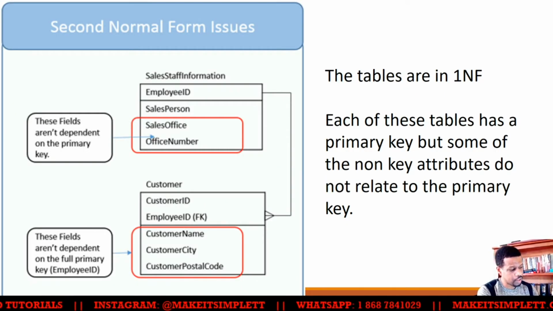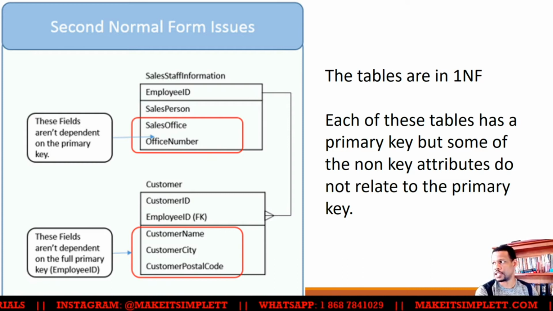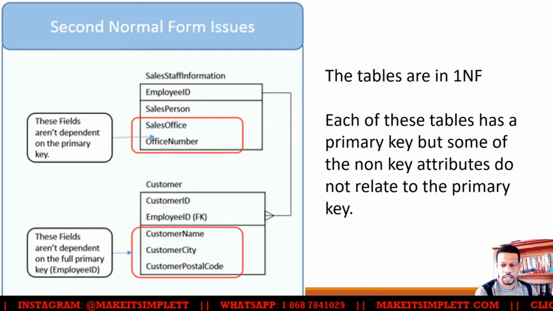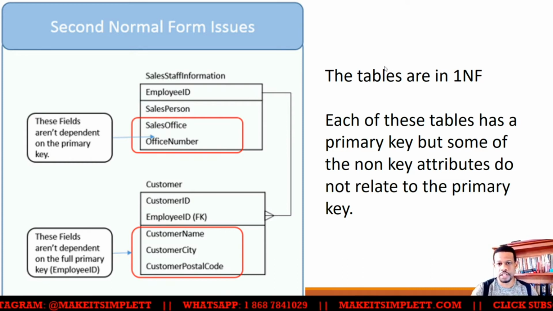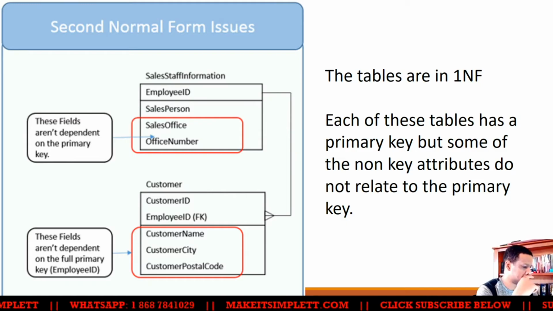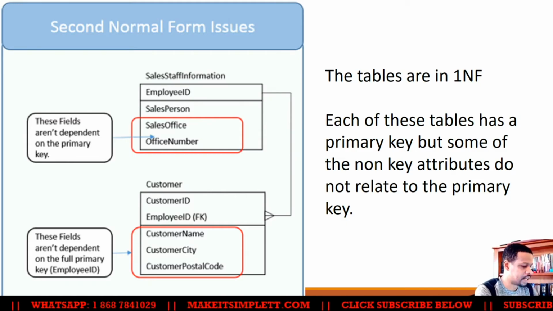The tables are in first normal form because they relate to each other and they don't really have any issues, so it makes sense.